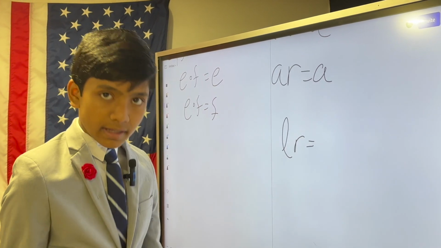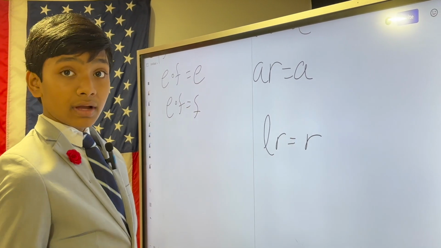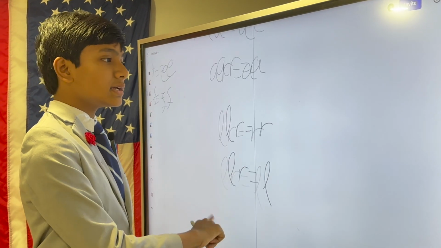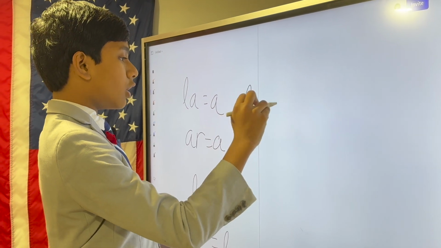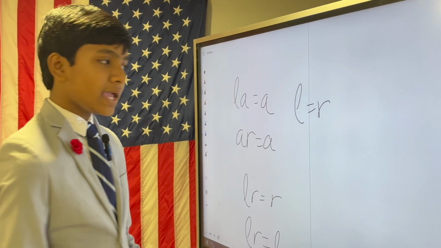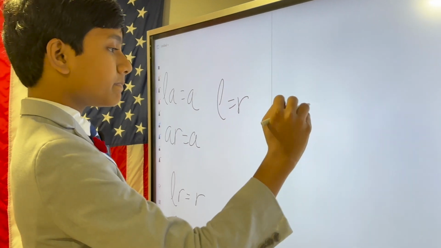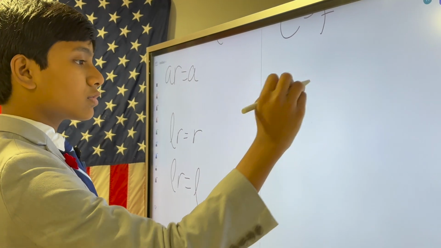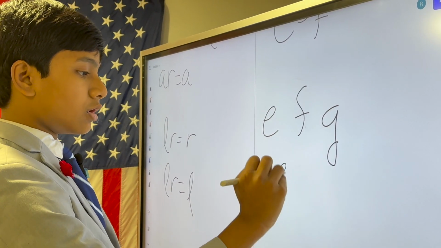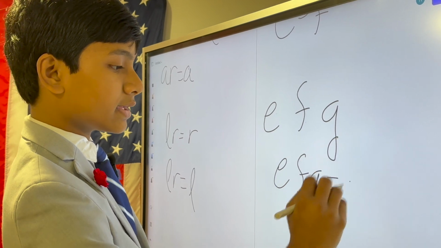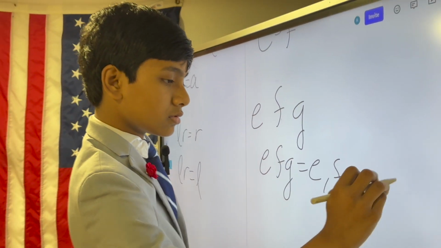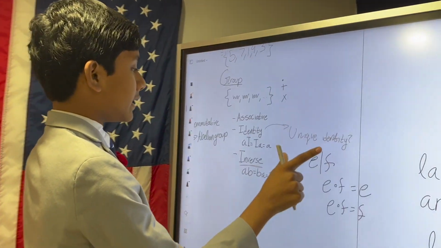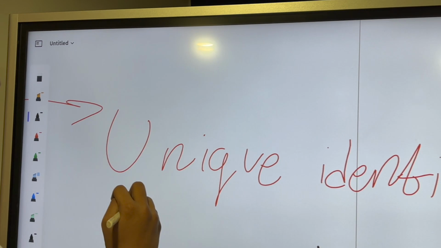Well, LR can be equal to R, or LR can be equal to L. So that means that L must be equal to R. So in any general case, that means that the two identities have to be equal. And of course, this can hold for more than 2 as well, although I don't see why you would have to prove this. So, there it is. That's how we know that we can have a unique identity.